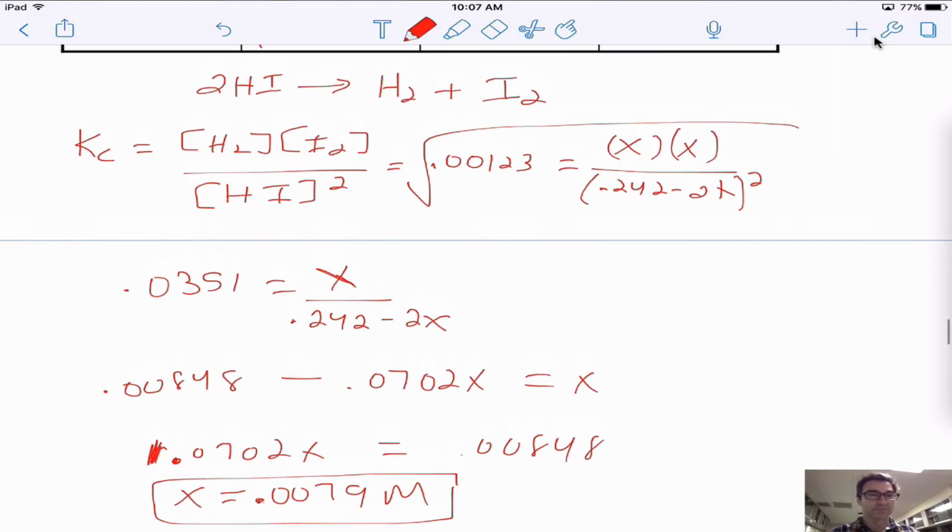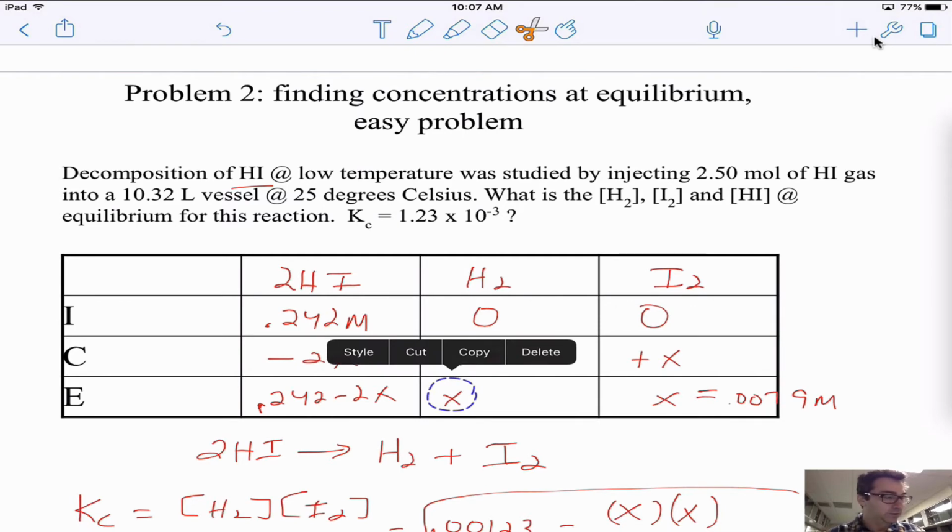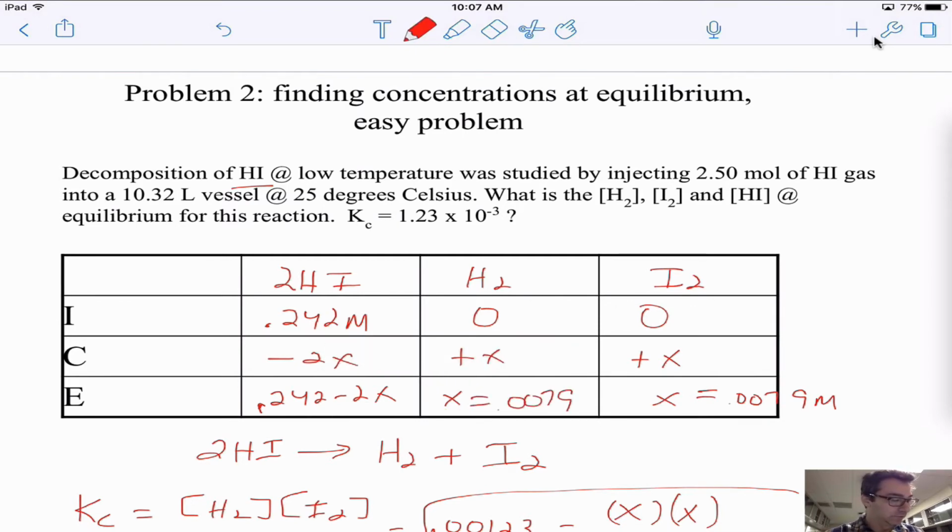This allows me to go back to my equation right here and put that in. My I2 value is 0.0079 molar. My H2 value over here is also the same exact thing, 0.0079 molar. And then I can plug it in for this too.